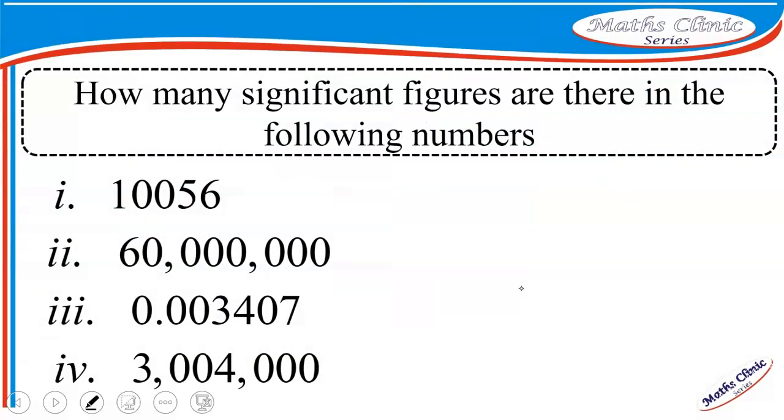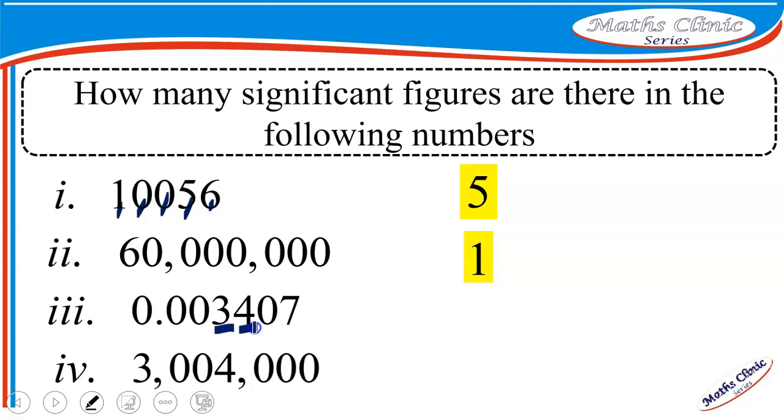Now, based on these rules, let's see if we can quickly answer the following questions. How many significant figures are there in the following numbers? For example, the first one: 1, 2, 3, 4, 5. 5 significant figures. What about the second one? I'm sure your guess is right. Only one significant figure for the second one. The third one, right?